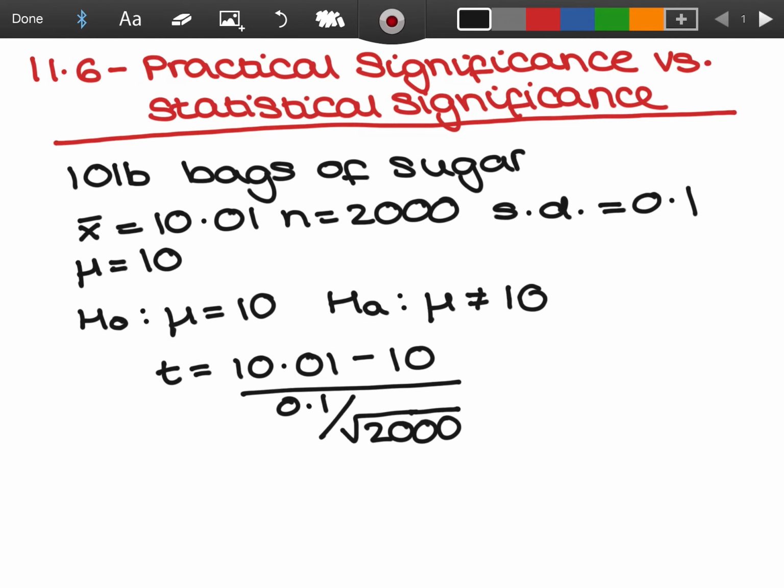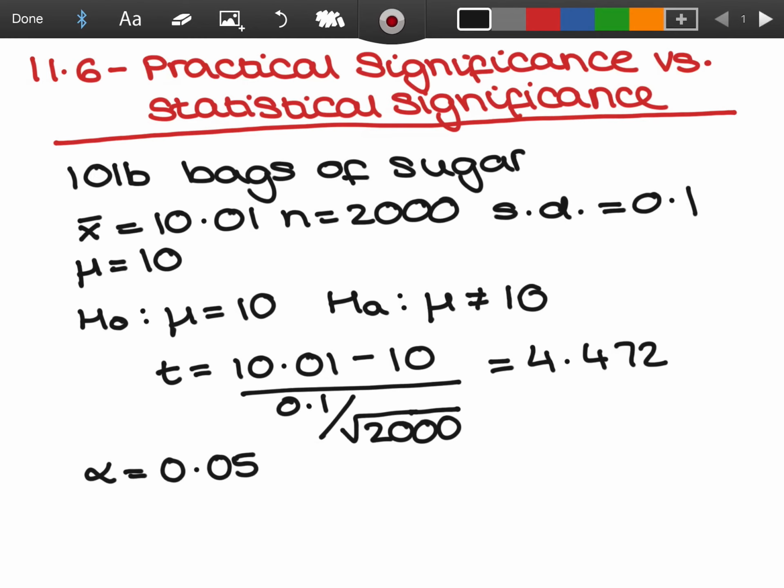Okay, remember that back from when we did these test statistics back in 11.2b, I think. Okay, and that gave you 4.472. Okay, and we're going to test this at a significance level of 0.05. So 5% of the time we want to reject our null hypothesis.